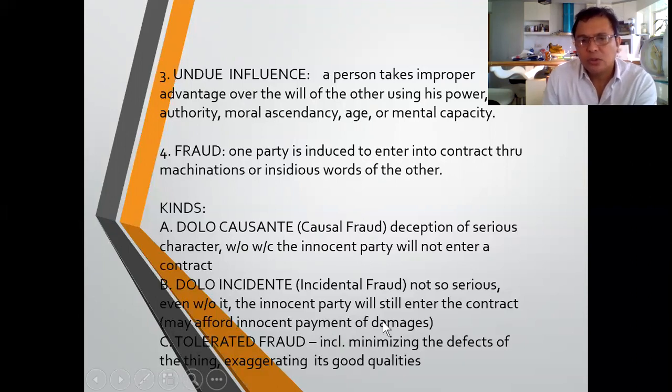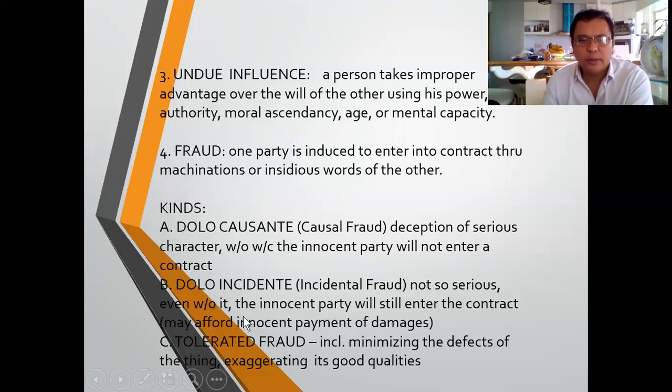No? The one which is punished by law here is dolo causante or causal fraud, because the deception made by the other party is very serious, and without that serious fraud, the other party would not have entered into the contract. So this is dolo causante or causal fraud.